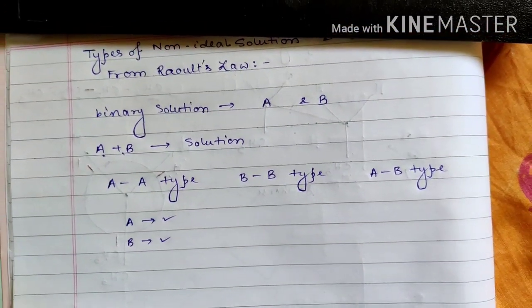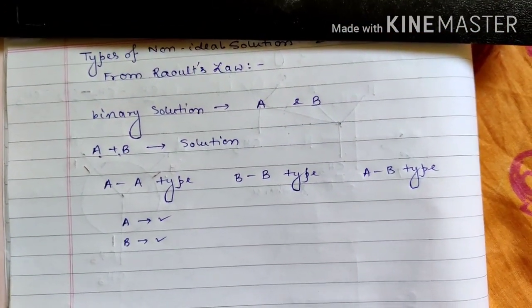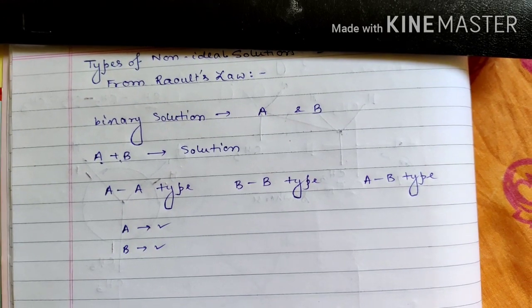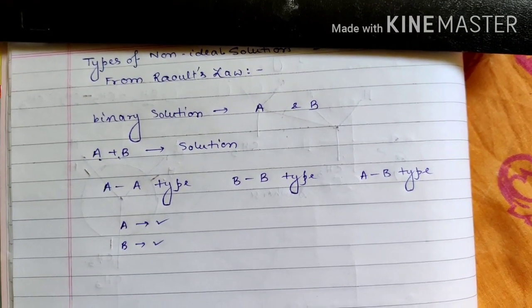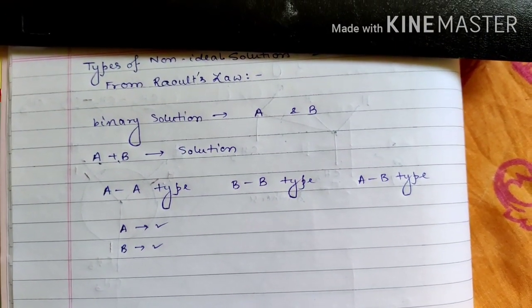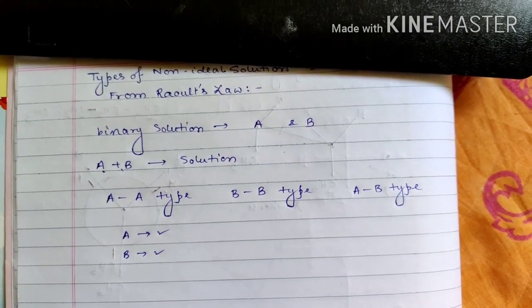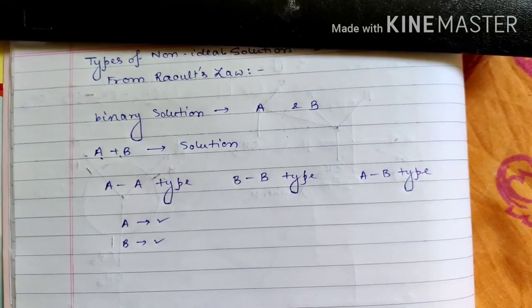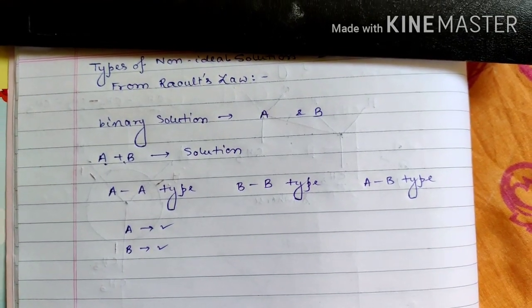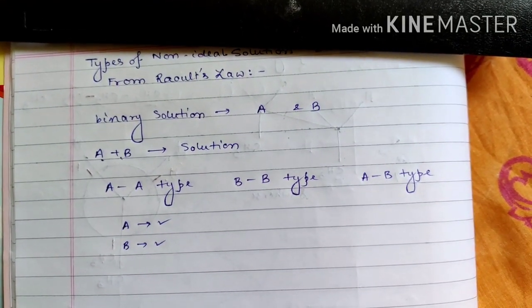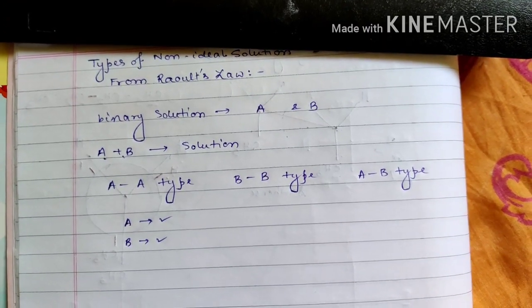Here, each component has a partial vapor pressure. If the escaping tendency of the solution becomes more than the pure liquids, then what will happen?